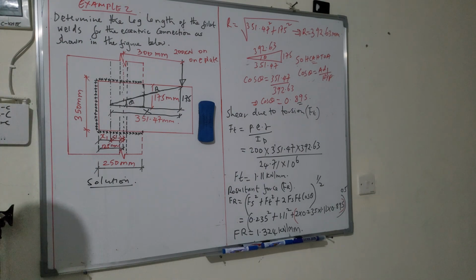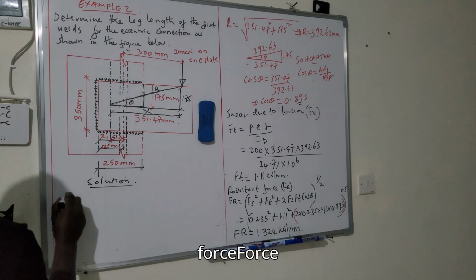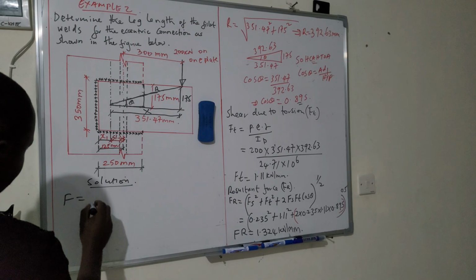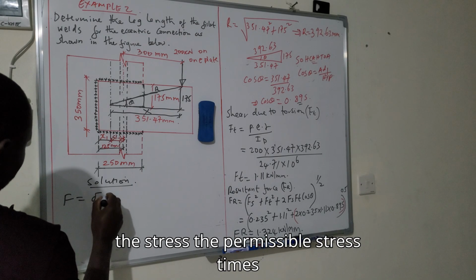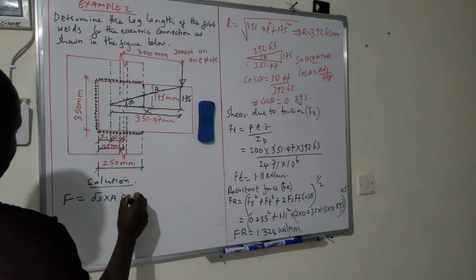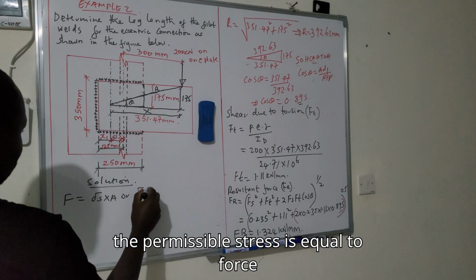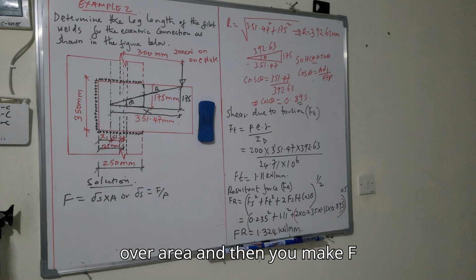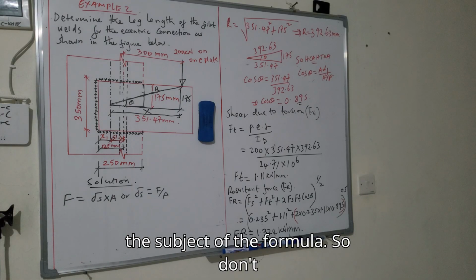So we know that force is equal to the permissible stress times area, or you can say the permissible stress is equal to force over area, and then you make F the subject of the formula.